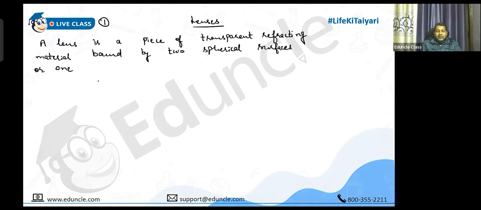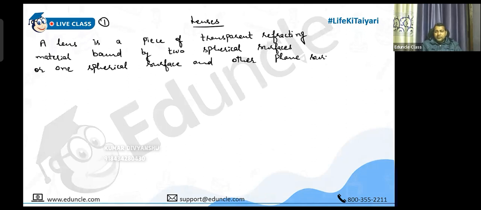It is bounded by either two spherical surfaces or one spherical surface and one plane surface. Based upon this, there can be different types of lenses. The two bounding surfaces may be both convex, or one plane and the other convex, or one concave and the other convex, or both may be concave. First of all, there is the convex or converging lens.